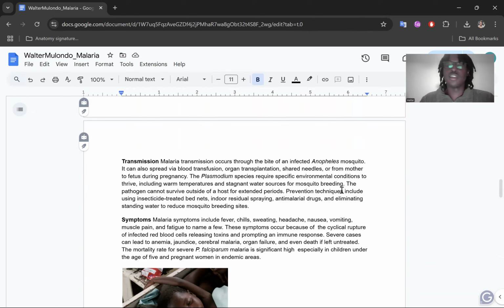The pathogen cannot survive outside the host for extended periods. Prevention techniques include insecticides, mosquito bed nets, indoor residual spraying, antimalarial drugs that can be taken weekly, and eliminating standing water to reduce mosquito breeding sites.